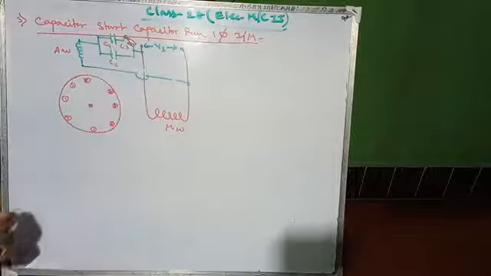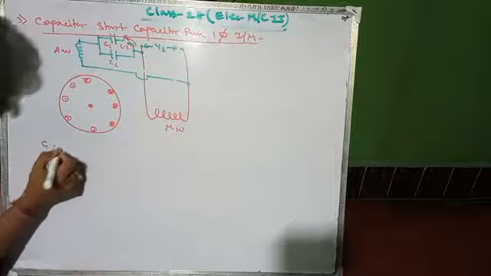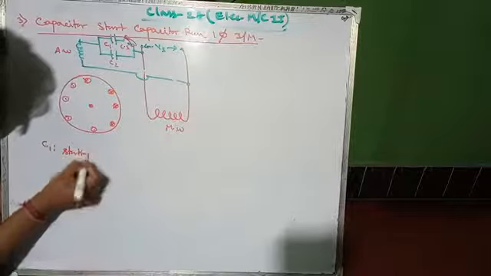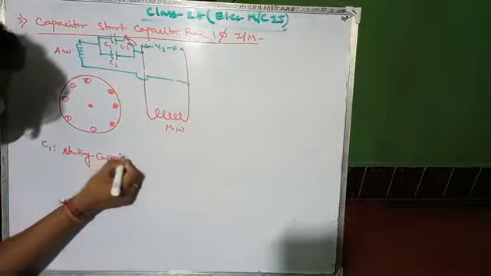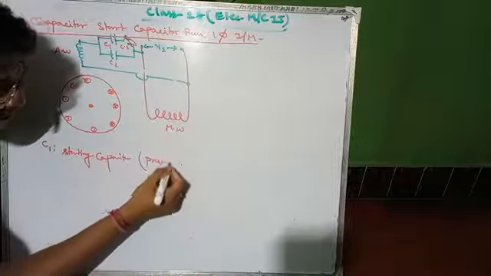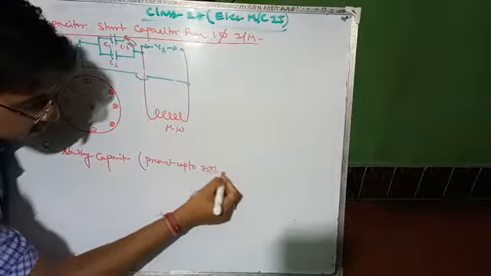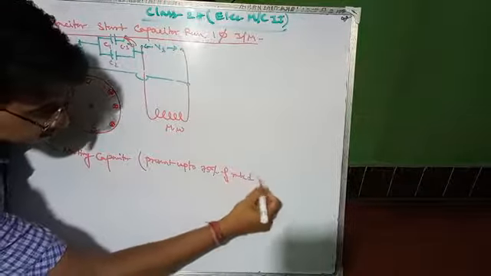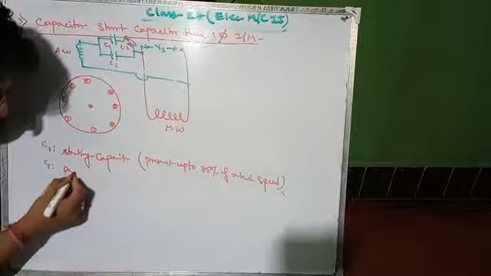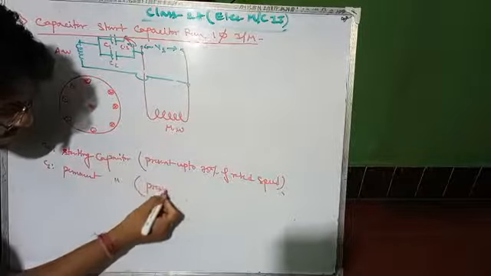This C1 is the starting capacitor, present up to 75% of rated speed, and C2 will be the permanent capacitor, present all the time.